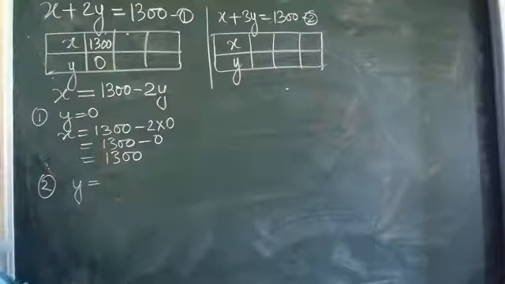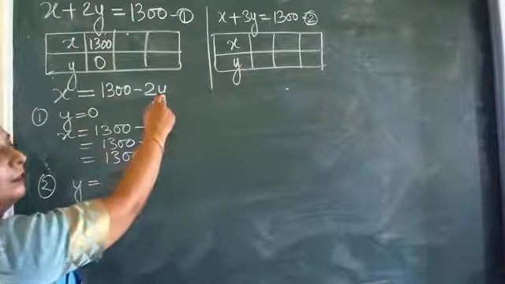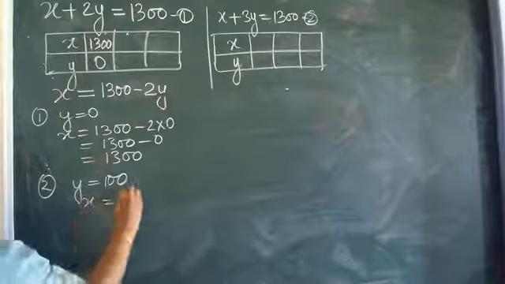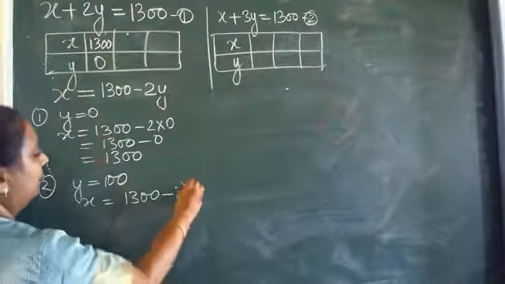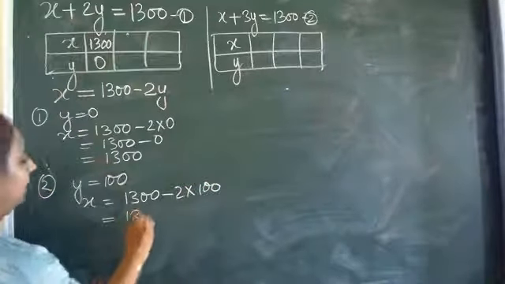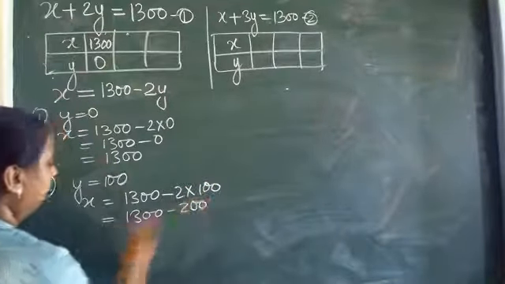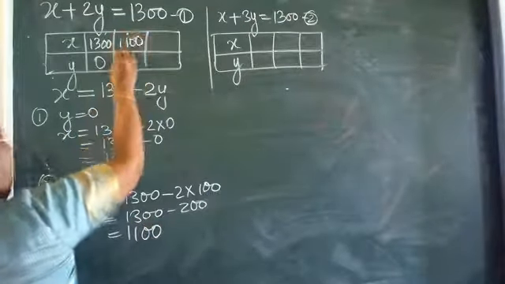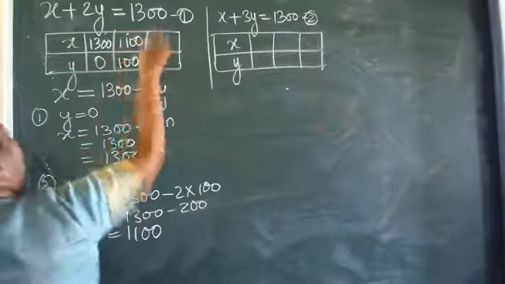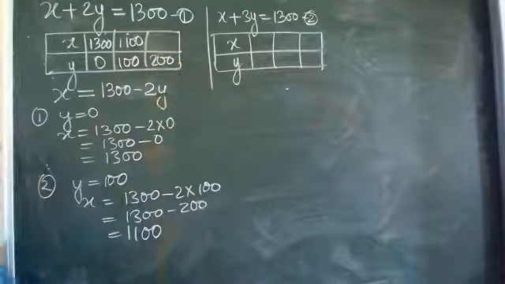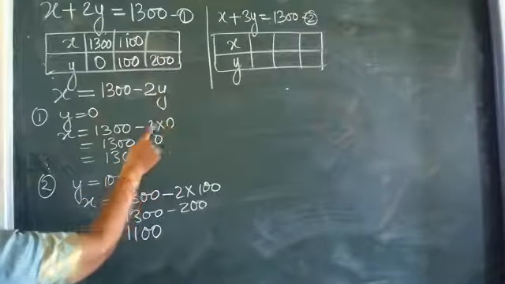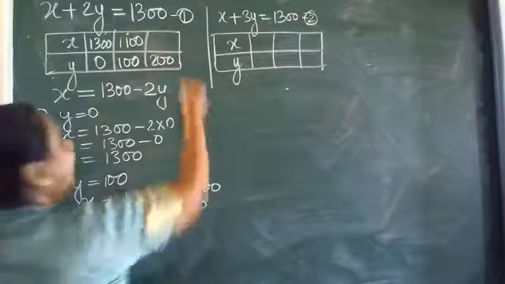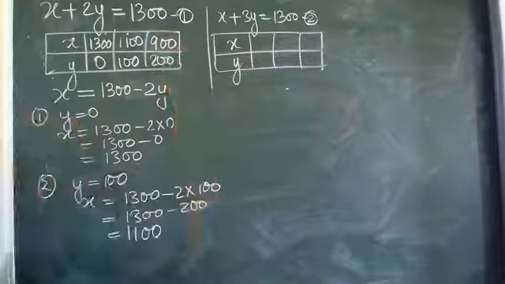If I put y is equal to 100, then x is equal to 1,300 minus 2 into 100, that is 1,300 minus 200, which is 1,100. If I put y is equal to 200, then 200 into 2 is 400, and 1,300 minus 400 is 900. This is the third value.